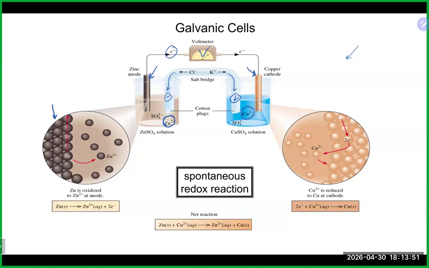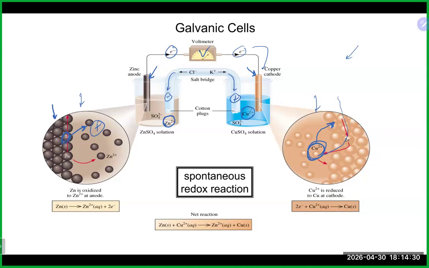When it loses its electrons, that solid jumps out into solution and becomes a positive zinc ion, as it has lost electrons. When those electrons travel to the other side, they pick up some floating copper ions, and these get out of the solution and become a solid. So on this side they jump in the water; on this side they get out of the water, as they gain electrons.